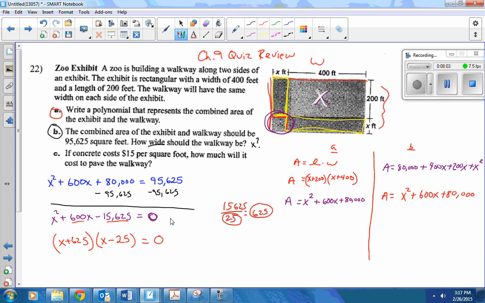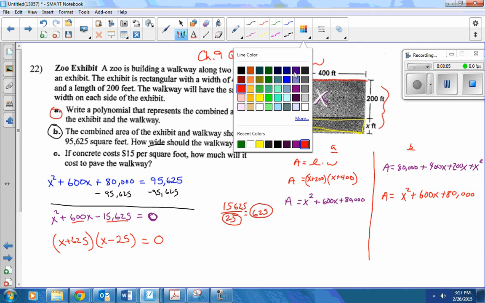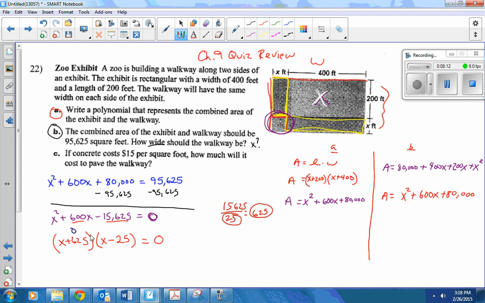At this point, I just solve to see what x would need to be in order to equal 0. If the expression inside the parentheses equals 0, then x would have to be equal to a negative 625.